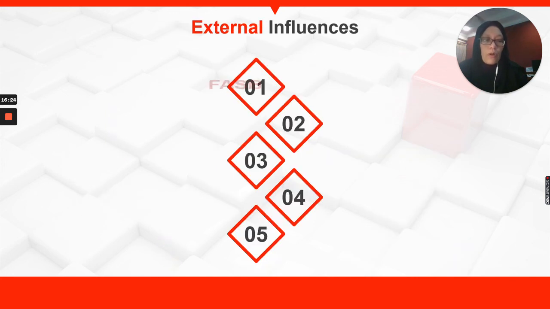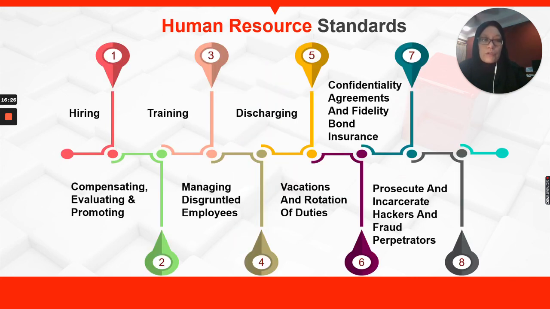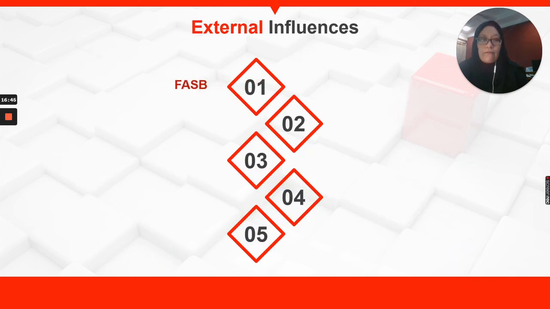So this is all under human resource. Under human resource they need to have a policy for all these elements. And then the last element under internal environment is the external influences.